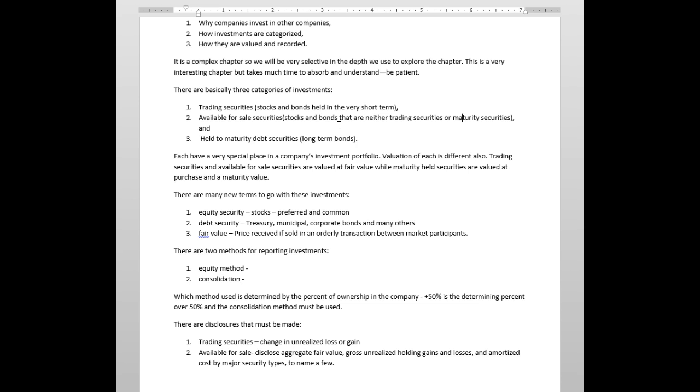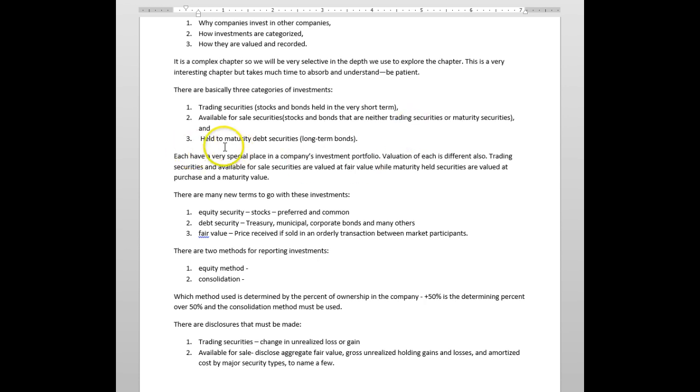The second car isn't your primary car, and if somebody came along and said, I'll give you $3,000 for that, you'd probably sell it. That's kind of what an available for sale security is. It's not really being held for the long term, and it's not really bought for a short-term investment. It was just bought almost in speculation.